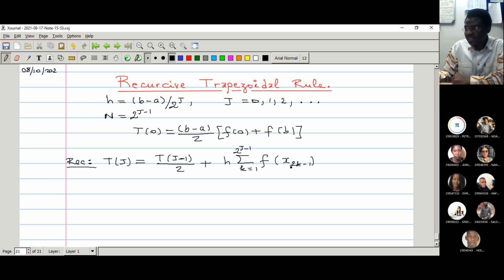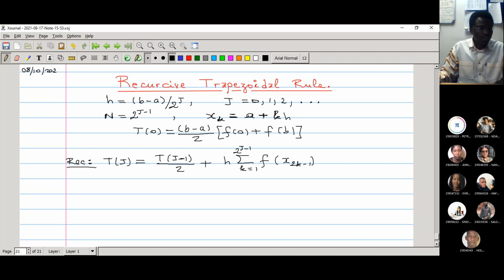Obviously, we need to know what is x sub k. Since we are using equally spaced points, our x sub k will be the first point, which is a, plus k times h, where h is the step size. That is it. So that's all we need.